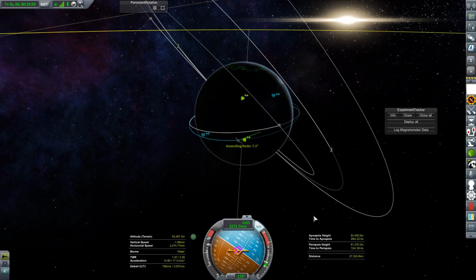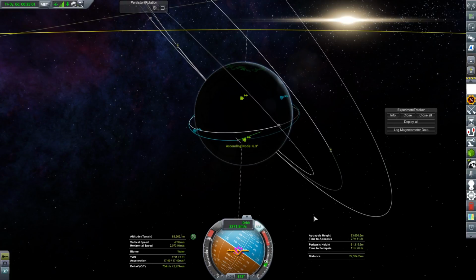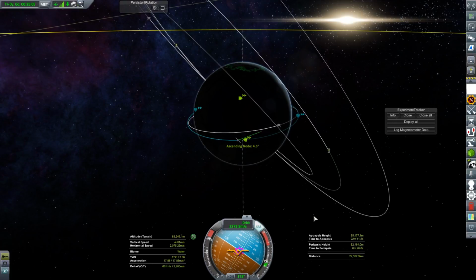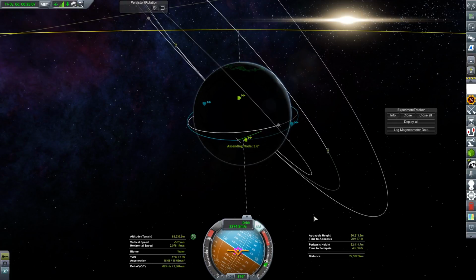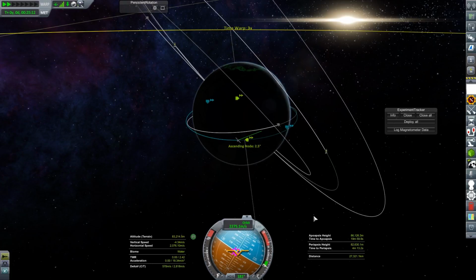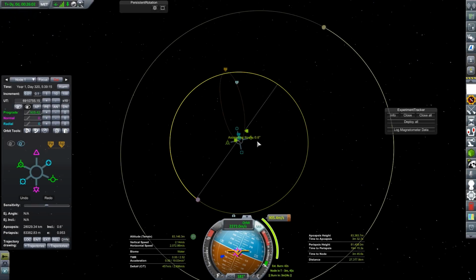So the reason that I'm sending this to Iota is because science is what I need to progress my space program. It would be nice to rescue the Kerbals, but they're kind of a secondary priority. And these little markers say that by the time at this point on my orbit, the moon will be over here.